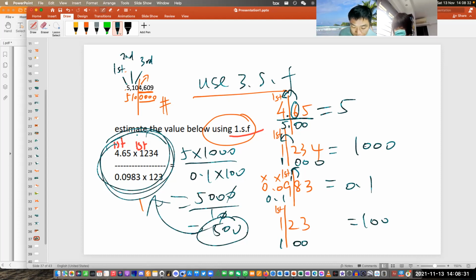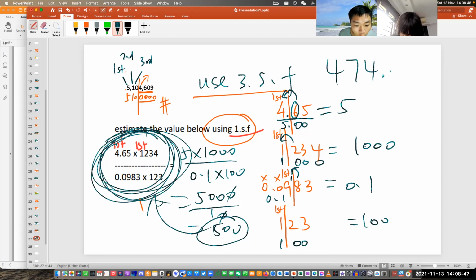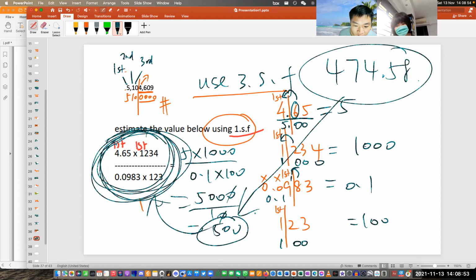No, I'm talking about the math error, the real one, not the estimate one. Yeah, the one that's not the estimate is a math error. Wait, impossible, 474.58. 474.58, right?